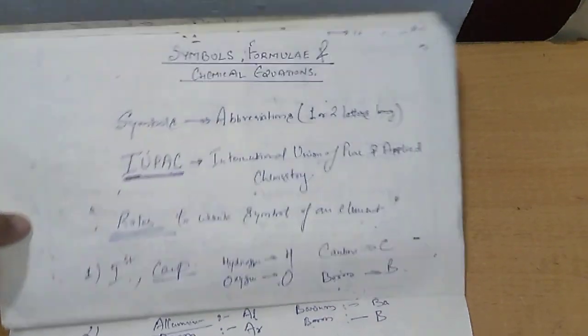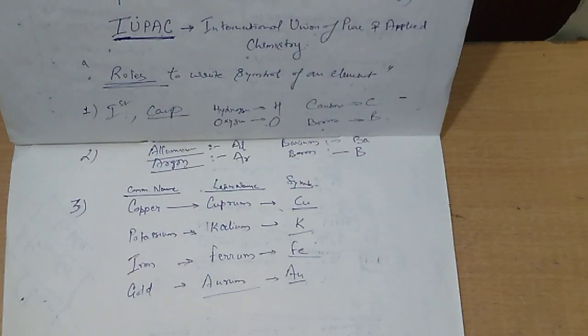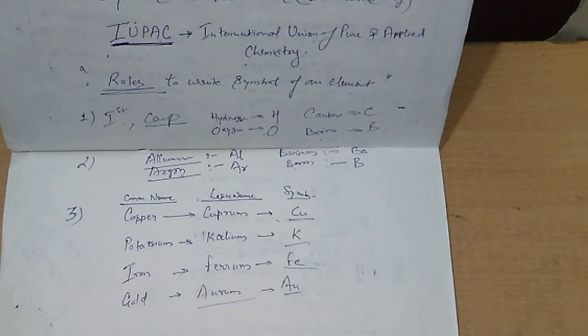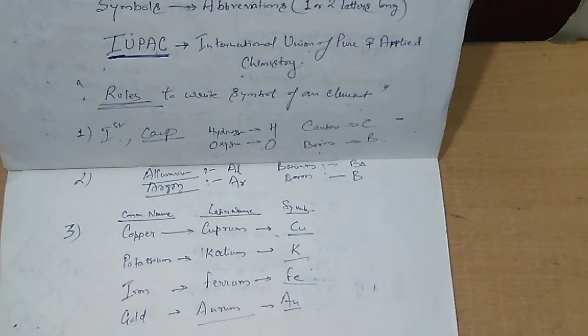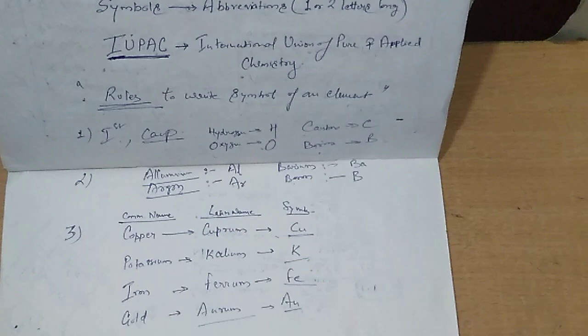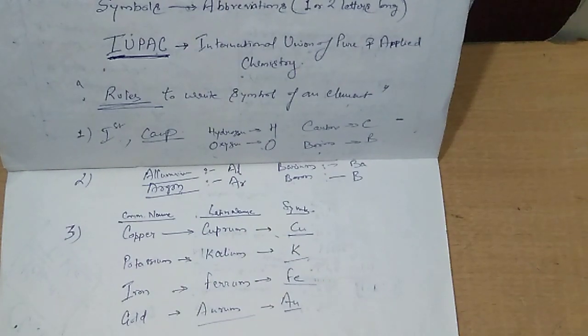The second point which we need to keep in our mind is, the second law says, there are many elements which start with the same alphabet. So if there are elements starting with the same alphabet, their second letter would also be considered in the symbol. Like in aluminium, Al would be the symbol.